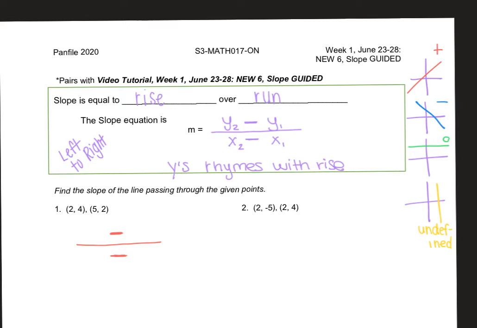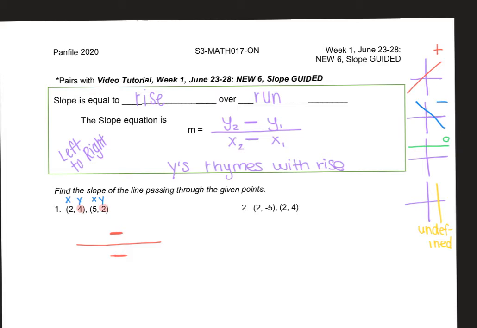Remembering that your ordered pairs are x comma y, you have to go with your y's on top. So you can either do 4 minus 2 or 2 minus 4. Like I said, it doesn't matter, but whatever you do on top, you have to follow suit on bottom.